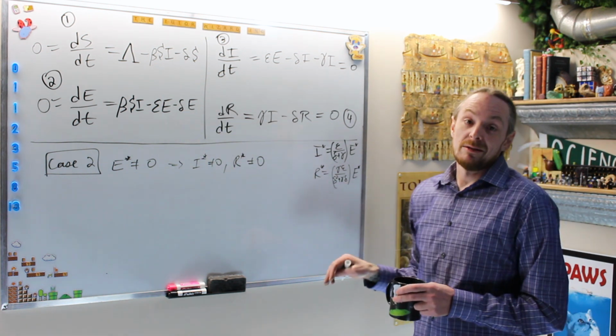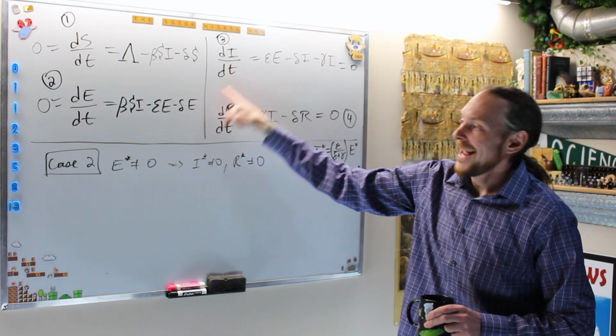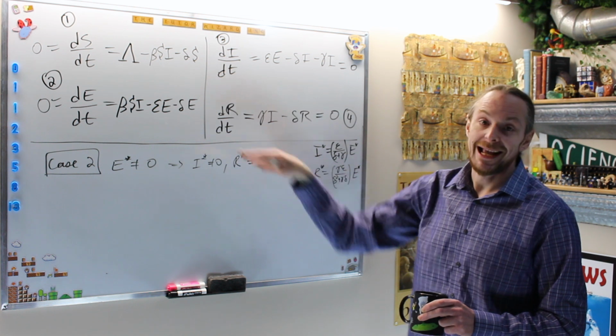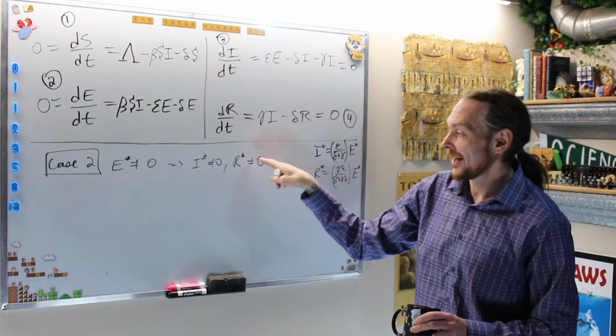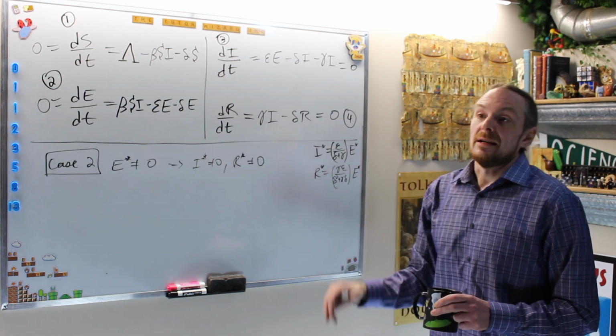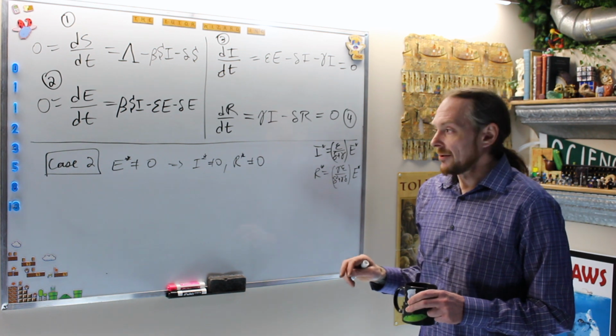So they're all non-zero. And what I'm going to do now is use 2 and 3 cleverly and add them, because 0 plus 0 is 0, and then I can get a clever equation to isolate what S is. And then we're going to find all of these dependent on S, and then we'll get an endemic disease equilibrium from this scenario.